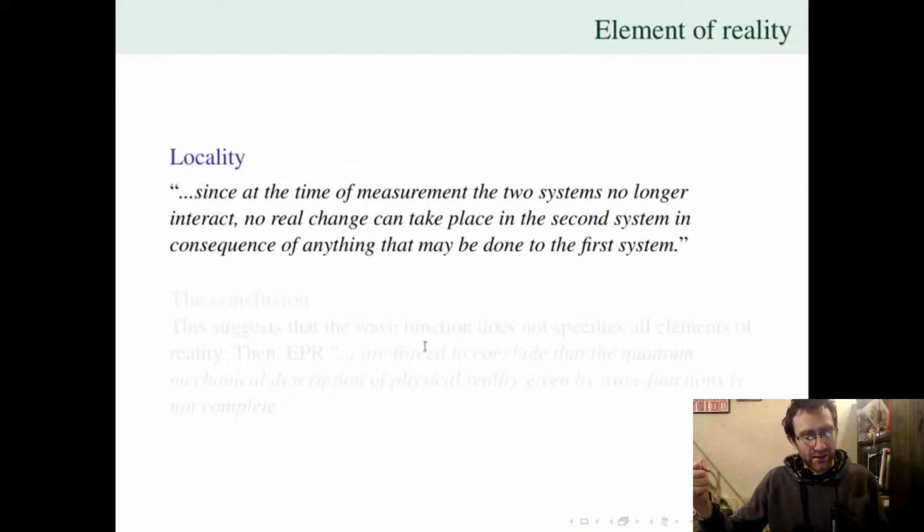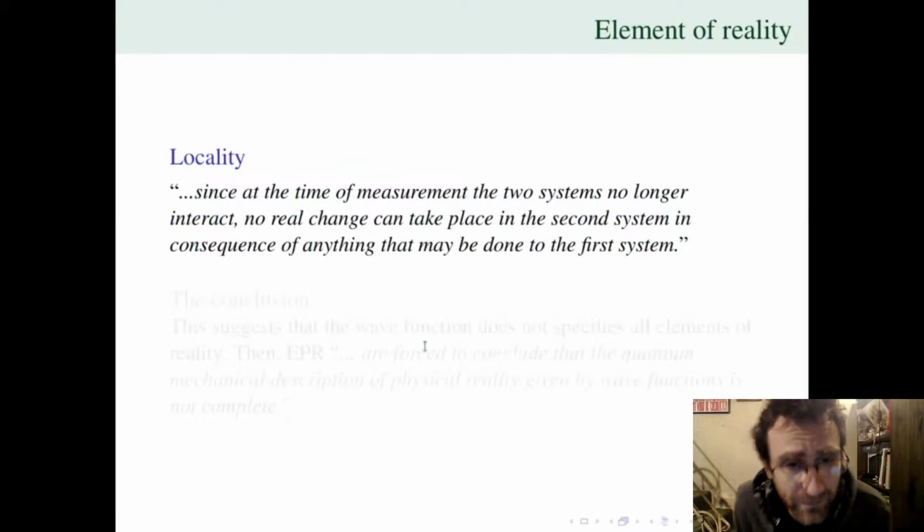The principle of locality says that if you measure something on the first particle, it cannot affect the second particle instantaneously. Whatever you do on the first particle cannot alter the state of the second particle instantaneously, because of the principle of locality.